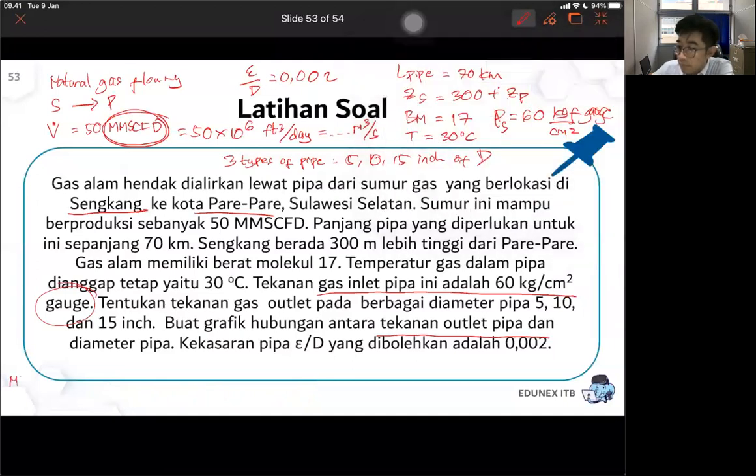How much is the pressure and how much is the temperature? What will be the standard condition for mmSCFD calculation?